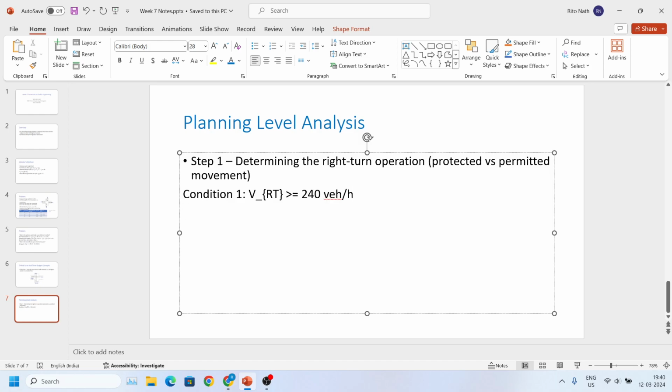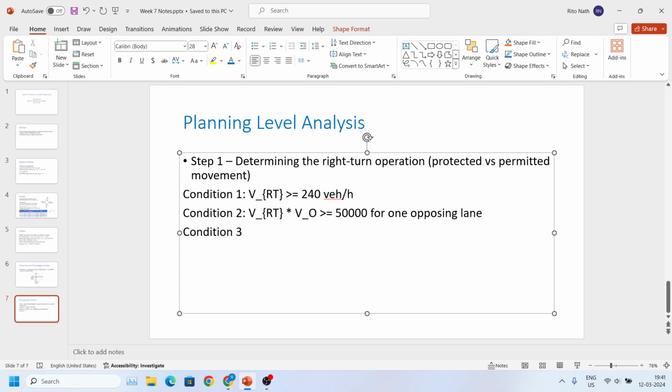Condition 2 was V_RT times V_O, where V_O is the opposing through movement flow rate. This has to be greater than or equal to 50,000 for one opposing lane, and there are different values for two opposing lanes, three opposing lanes, and so on. Let me write for the first one only, and the other conditions are also there.